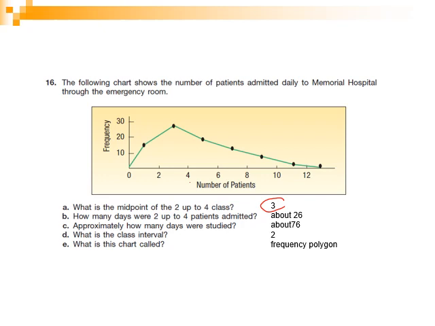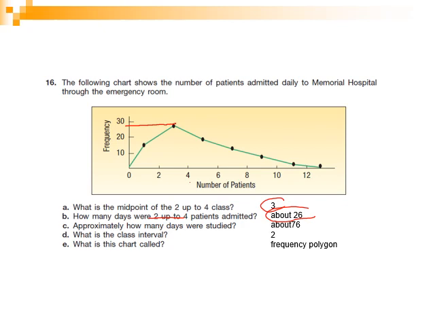About days from 2 up to 4, we have this point here. If we take a horizontal line and get the information from the vertical axis, we find it's about 26. About means it's not actually the exact number because the chart is not totally accurate. So we have about 26.